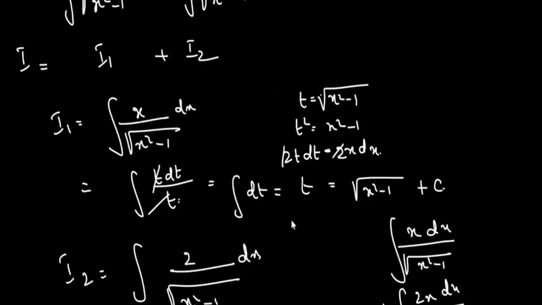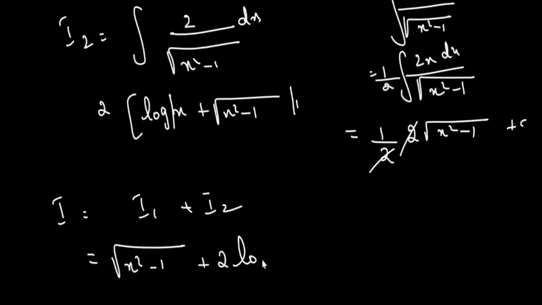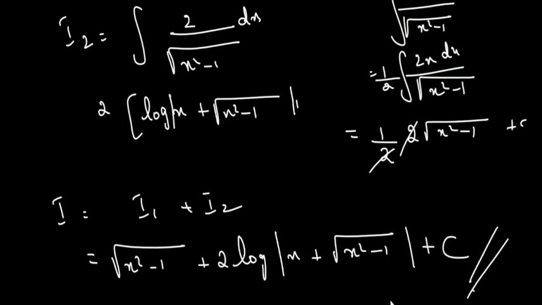So now the final answer is I is equal to I1 plus I2. Write both the answers together. The first answer is root of x square minus 1, plus 2 into log of x plus root of x square minus 1, plus c. So that's the answer.